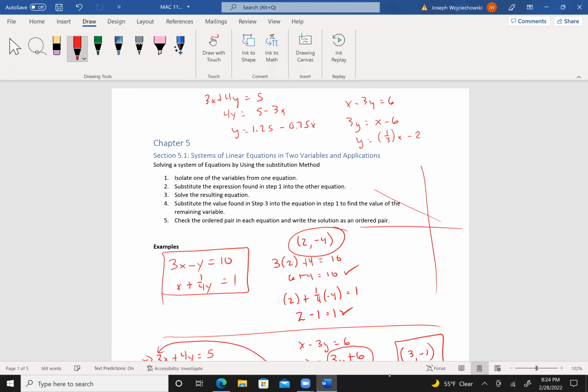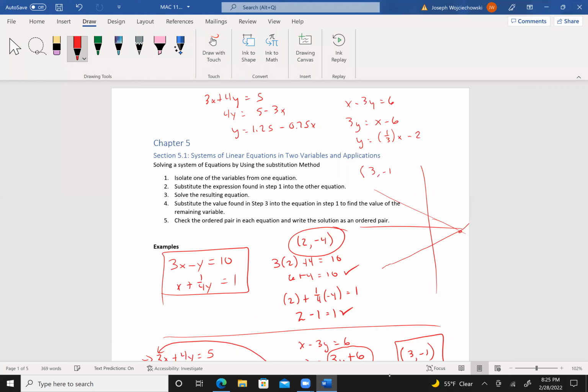And this looks something like this. And this is what I'm looking for. So again, second trace, intersection. We're on the first curve, hit enter, it jumps to the other curve, hit enter again, and hit enter a third time. And there we go.